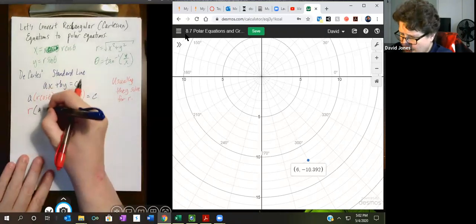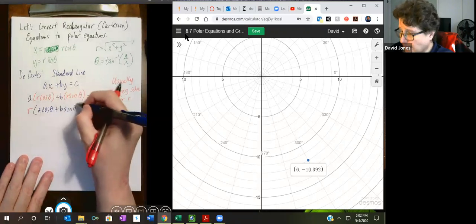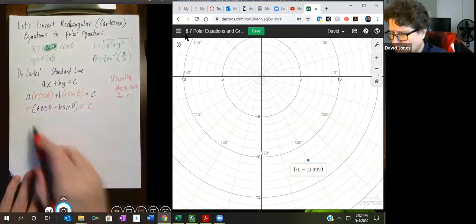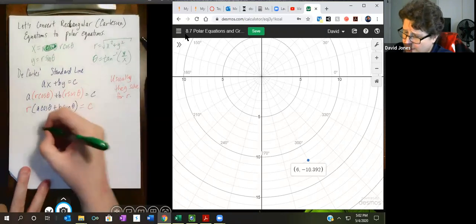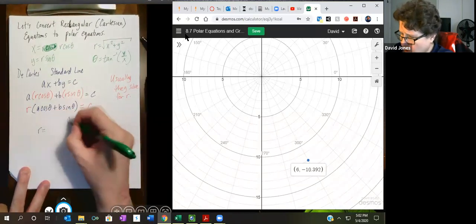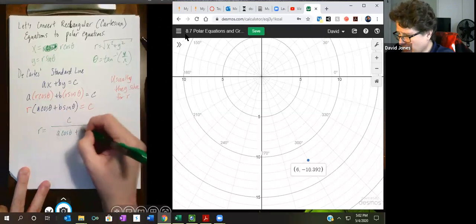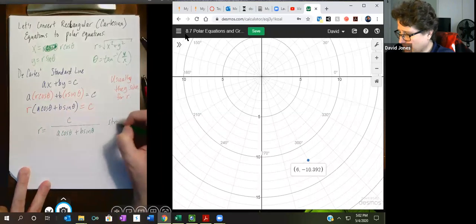And that leaves a cosine theta plus b sine theta equals c. And finally, we divide by that. And in polar system, r equals the constant over a cosine theta plus b sine theta. This is a straight line.